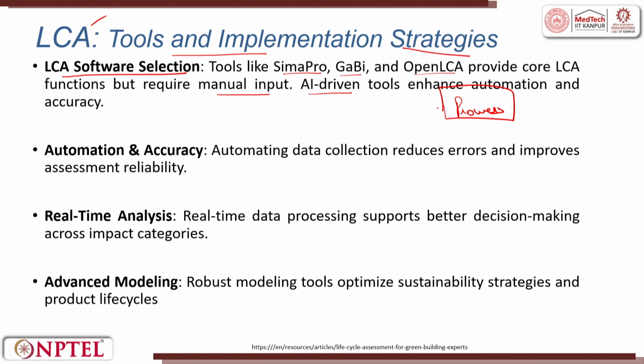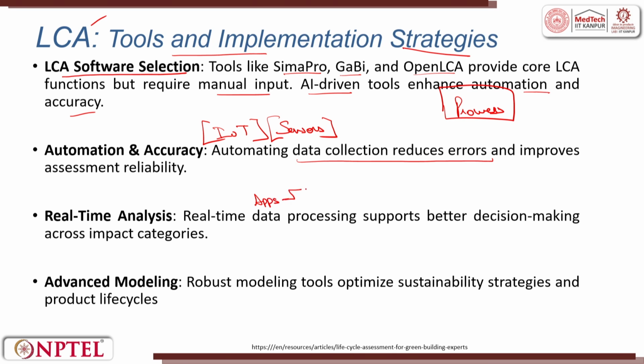The AI-driven tools enhance automation and accuracy. Automation and accuracy: automating data collection reduces errors and improves assessment reliability. That is, we use Internet of Things and we put sensors to collect the data. Real-time analysis: while putting these sensors, you can also have real-time analysis using apps.